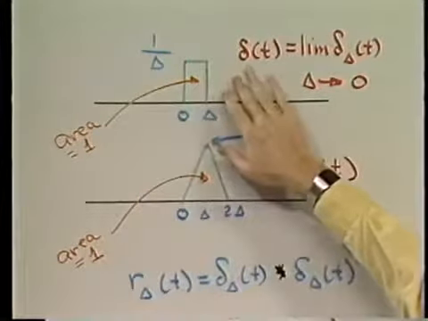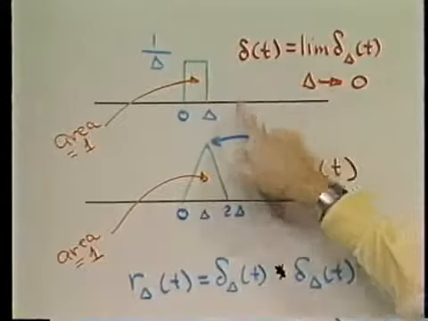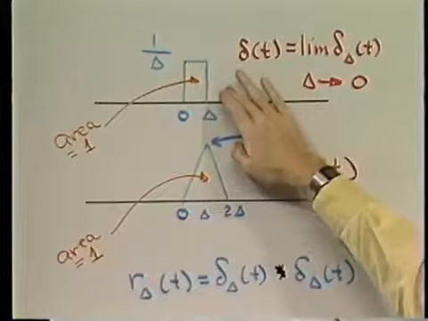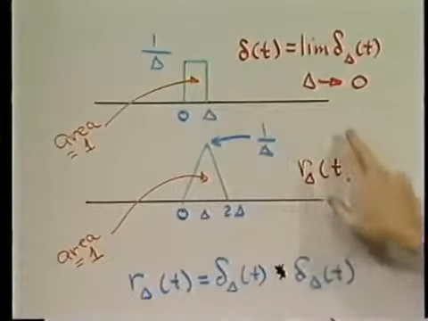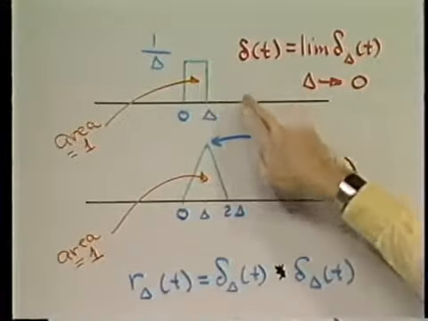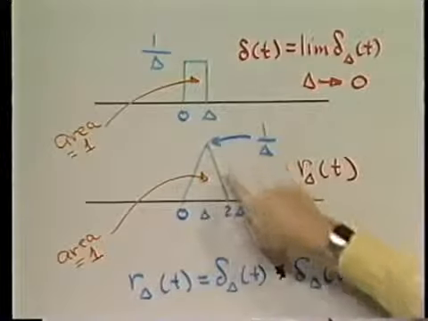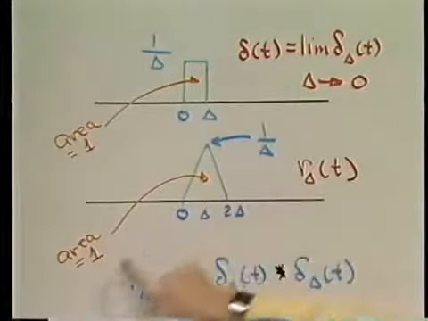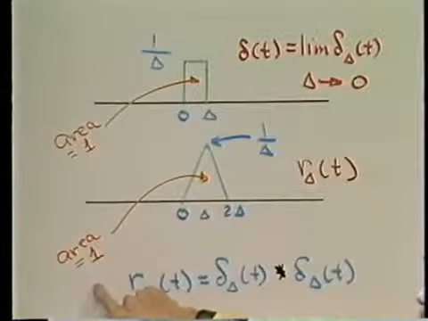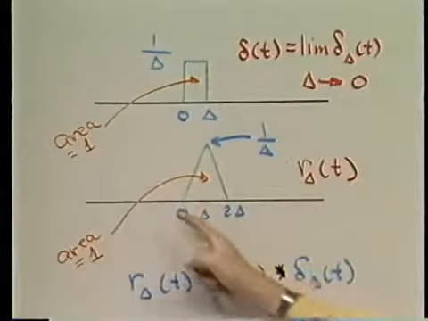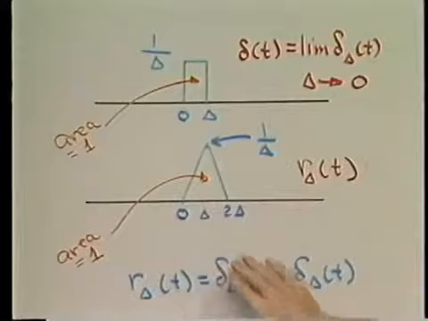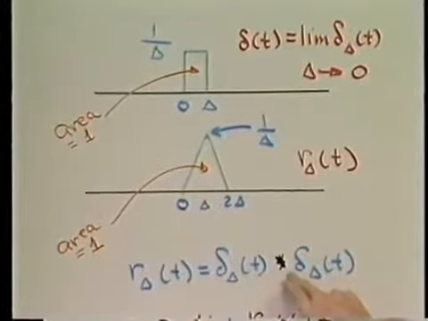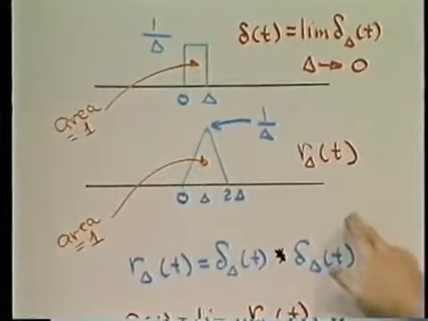Now, if we think of convolving this signal with itself, the impulse being the limiting form of this, then the convolution of this with itself is a triangle of width 2 delta, height 1 over delta, and area 1. In other words, this triangular function is this approximation delta sub delta of t convolved with delta sub delta of t.